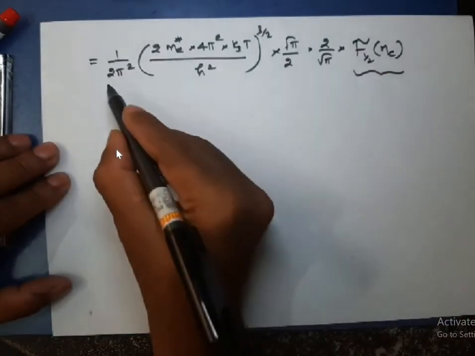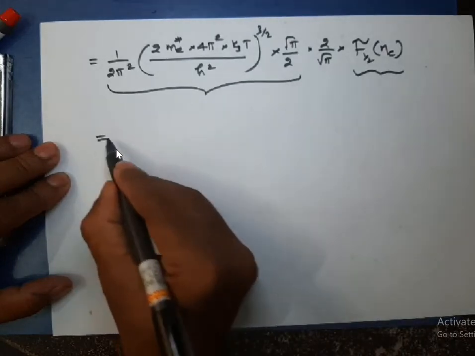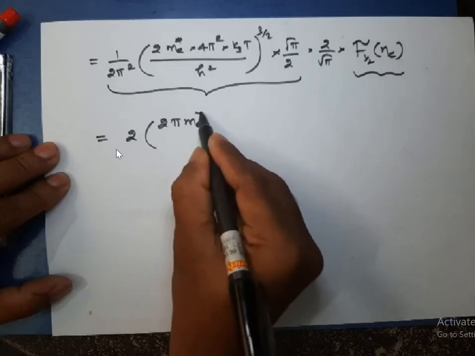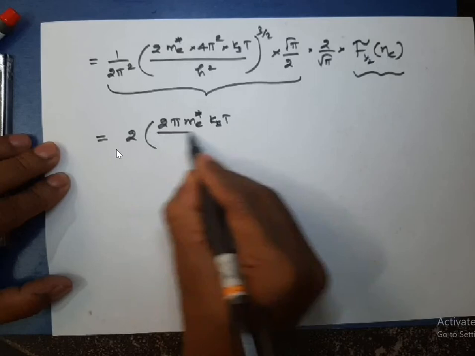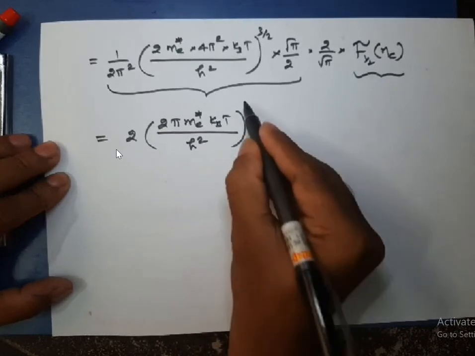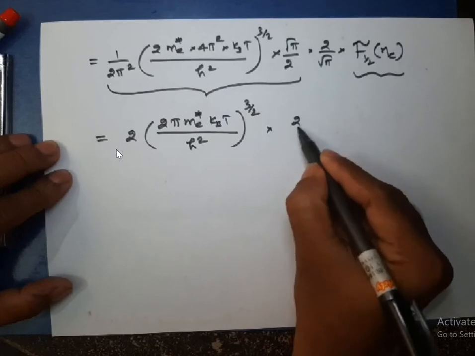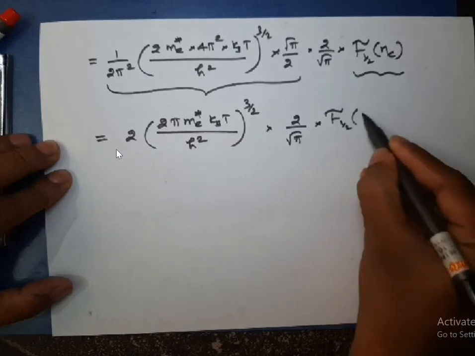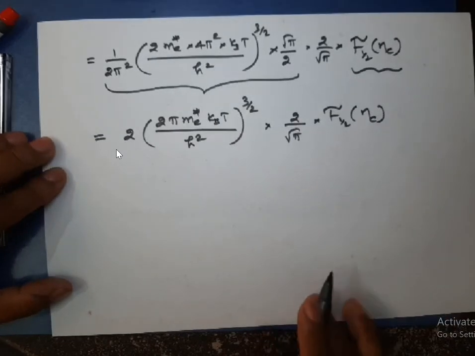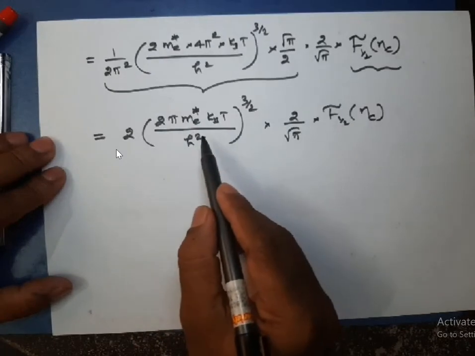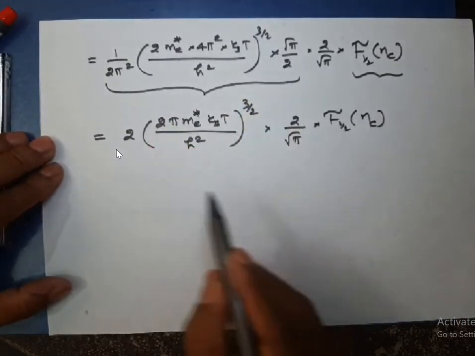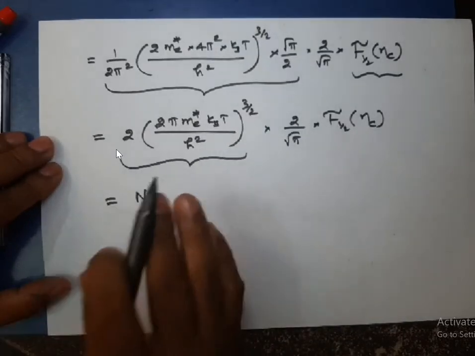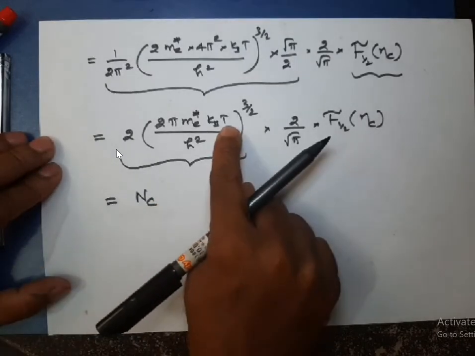Now this simplifies to 2 into ((2 pi m kBT)/h^2) whole power 3/2 into 2/root pi of the Fermi-Dirac integral with value eta_c. And this is a constant for a given material, for a given semiconductor, and I am going to take this constant as Nc. Nc is a constant for a given material at a given temperature.